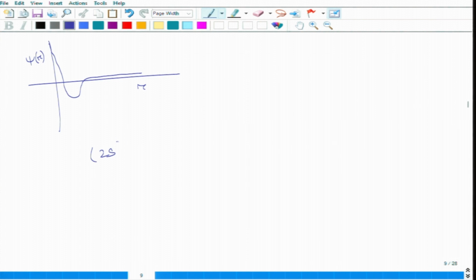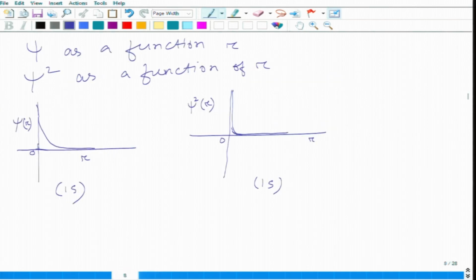Okay, and for psi square, since this is a square term, it will never be negative, because the square of a negative value will also be positive. So these are the plots for 1s and 2s.